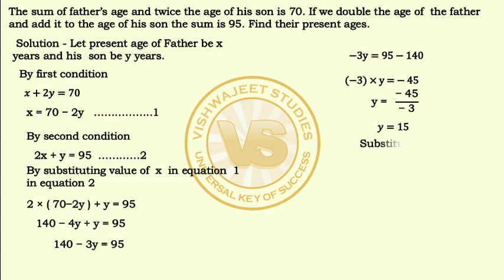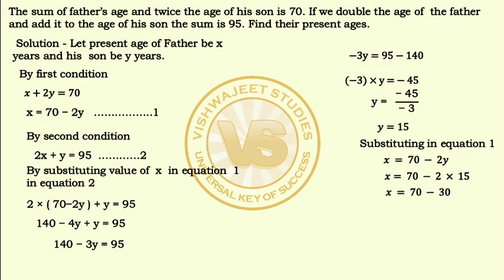To get the value of x, we have to substitute this value of y in equation 1. Our equation 1 is x = 70 - 2y. Instead of y, write 15. We get x = 70 - 2 × 15.